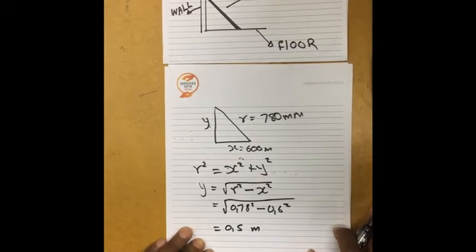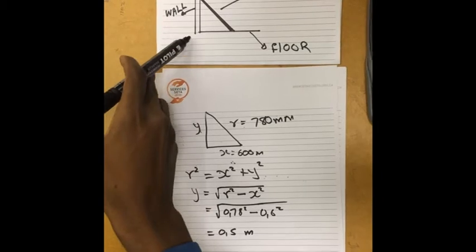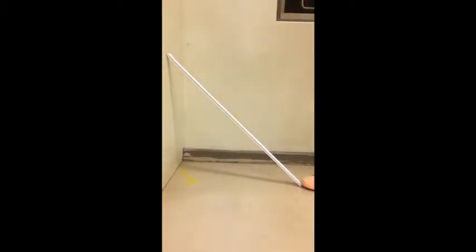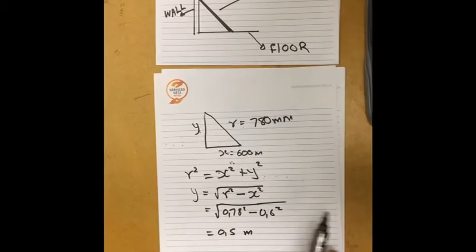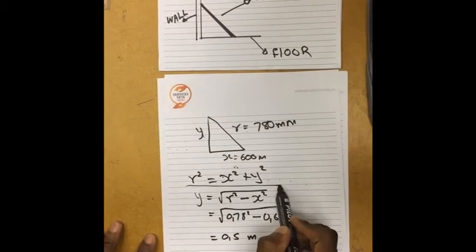Given this, you have to find the rate at which this ruler slides down against the wall. We have to differentiate the theorem of Pythagoras.